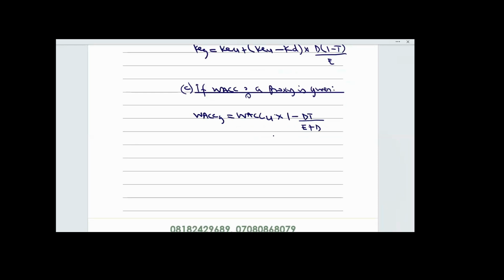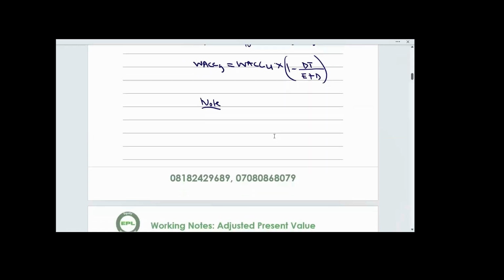So this is the formula that you are supposed to use to calculate the cost of equity on gear. Okay, so that's that. Note that WACC of on gear is equal to cost of equity on gear.